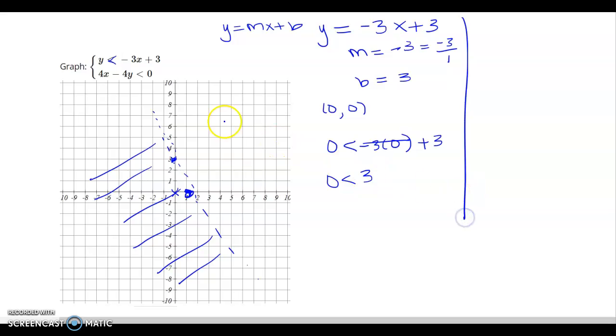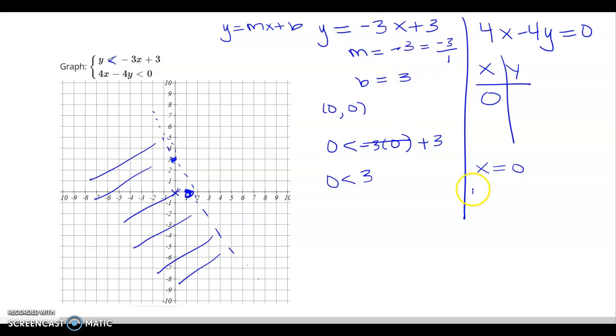Okay. Let's graph this next line. So we've got 4x minus 4y, and just for now I'm going to put equals 0. So let's first find, because it's in this form, let's just find the y-intercept. We know at the y-intercept x equals 0. So I'll have 4 times 0 minus 4y equals 0.